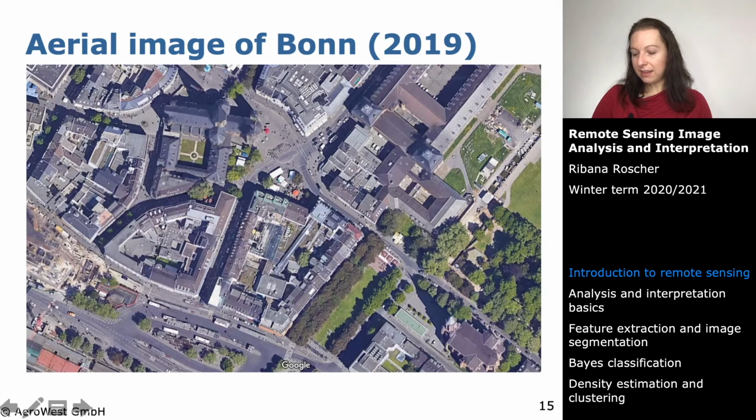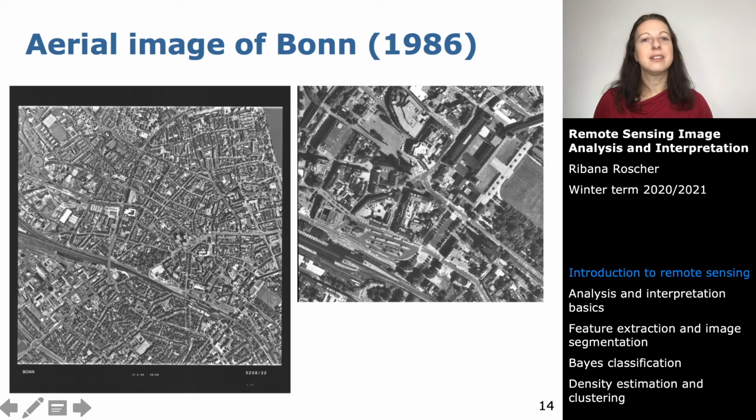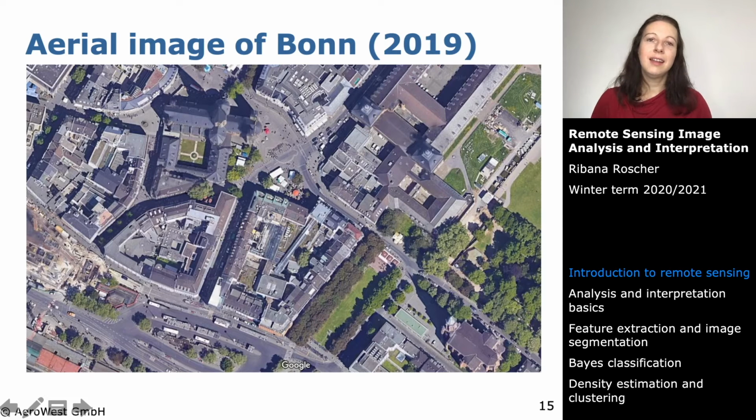And this is an aerial image from Bonn, which was taken in 2019. I took it from Google Maps. We all know Google Maps. It's really helpful when you are in a city and you do not know where to go. And when you compare these two images, especially around the main station, a lot has changed within the last few years. And the quality is quite good, so it's quite helpful.